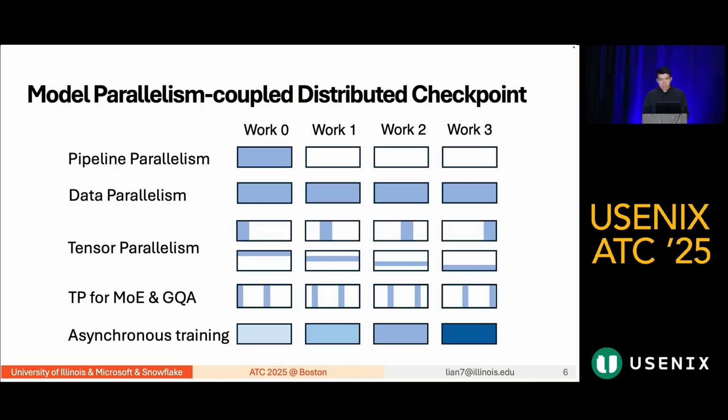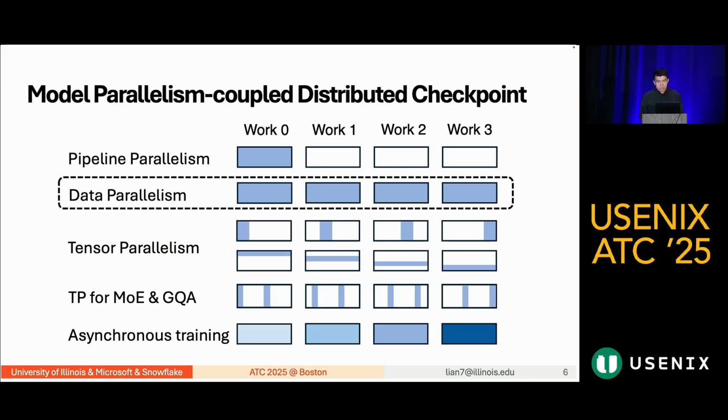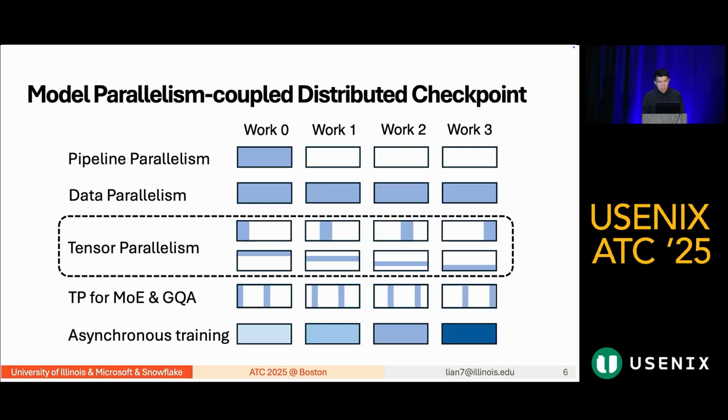Here is an example to further illustrate it. Suppose we have 4 GPUs. In pipeline parallelism, each parameter may exist in only one checkpoint. In data parallelism, the parameters are replicated across all the checkpoints. And in tensor parallelism, the parameters are split horizontally or vertically.